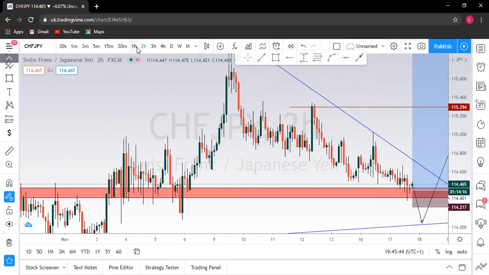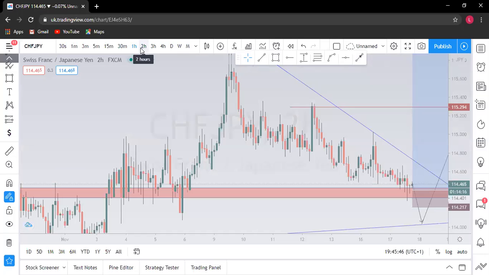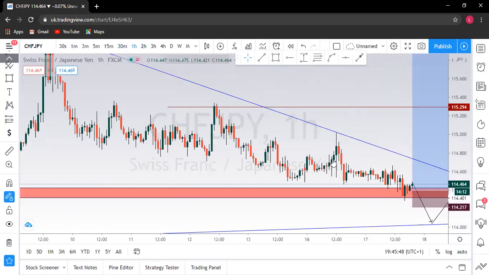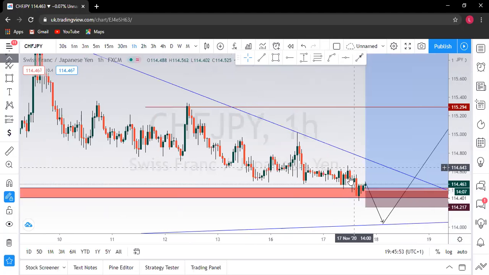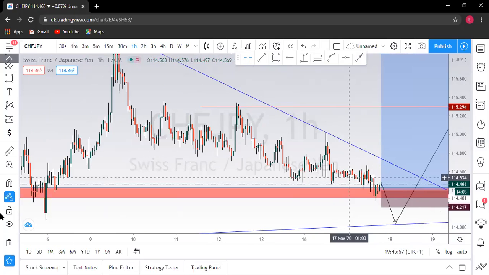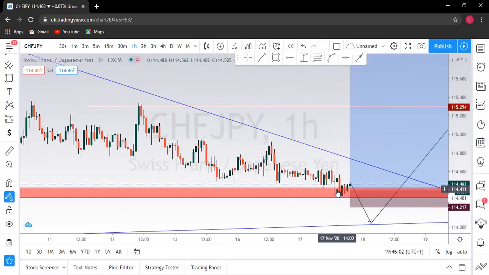So let's go on the 1 hour time frame and see if we can see anything. On a 1 hour time frame, there is basically nothing that could make us buy.